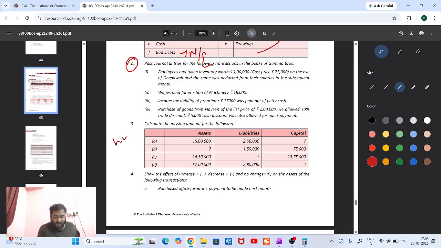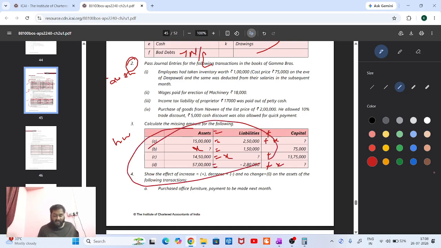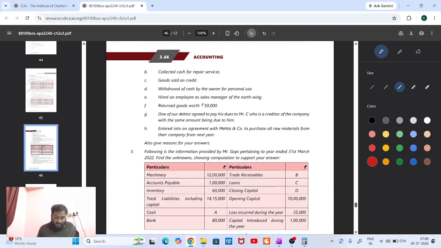This is also for homework. We'll do this. Assets equal to liability plus capital. Just assume x, form the equation and find the solution. The fourth one is also homework.